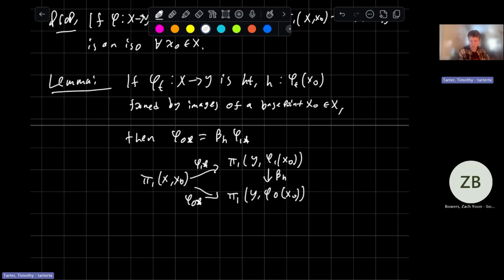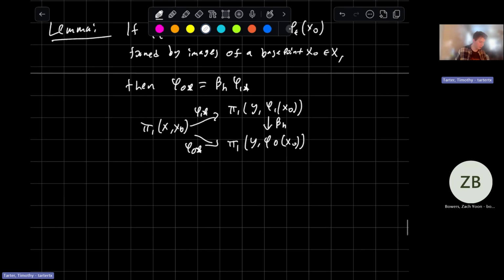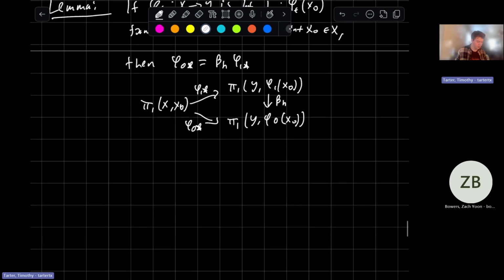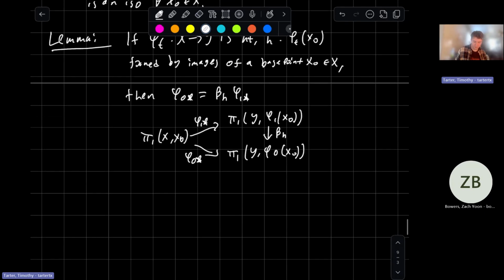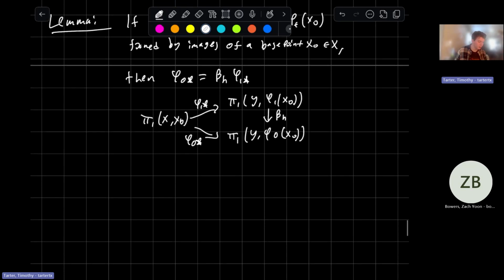So basically it commutes, and beta h is the map that commutes with the base point. And then the proof is just by diagram chasing, basically.